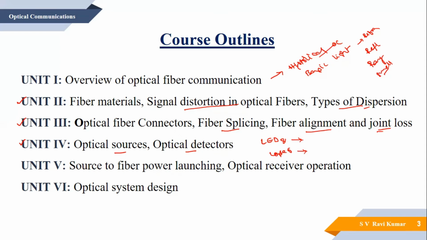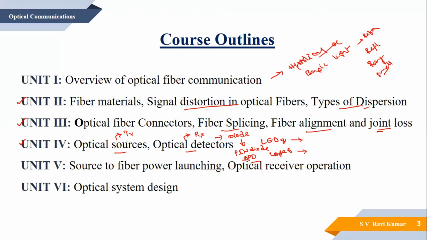Okay, and so when you take an optical source at the transmitting side, you need to take optical detectors at the receiver, and an optical detector is also a diode type. Optical diodes we are going to use, but the diodes are the pin diode and avalanche photodiode.